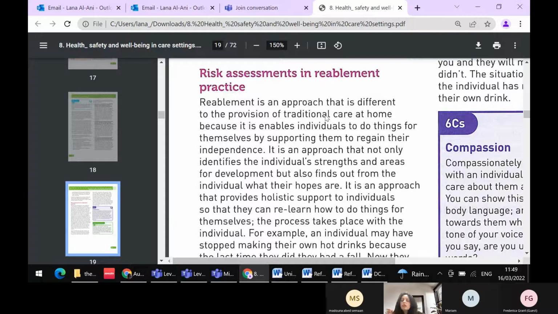This will give your client more strength and increase their self-esteem. Why? Because you're involving them in making their own choices, their own decisions, but you give them all the information they need as well, which is very important.